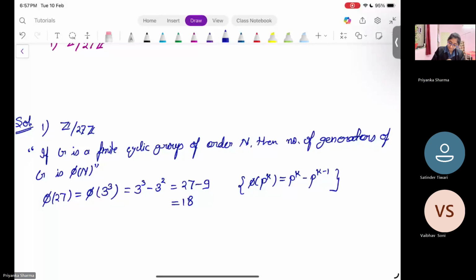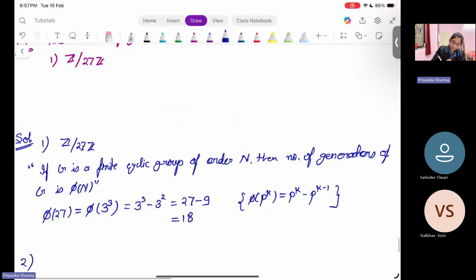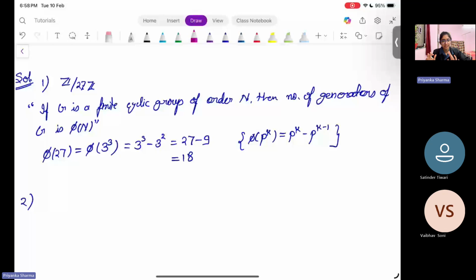Secondly, I was telling about the fundamental theorem of arithmetic. What's that?